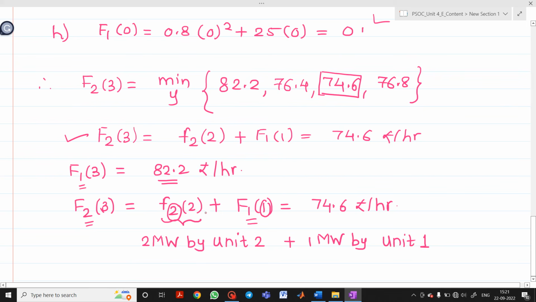Because if we use both the generators, then the cost of generation is minimum, and this is our motto: cost of the generation should be minimum. So therefore we can say that it is observed that in order to generate 3 megawatt of load, minimum cost of generation is 74.6 rupees per hour, and which is the combination of unit 1 and unit 2. Here 2 megawatt should be produced by unit 2 and 1 megawatt should be produced by unit 1.